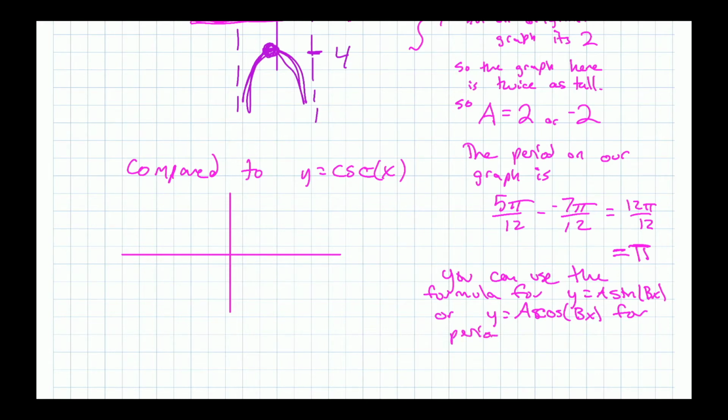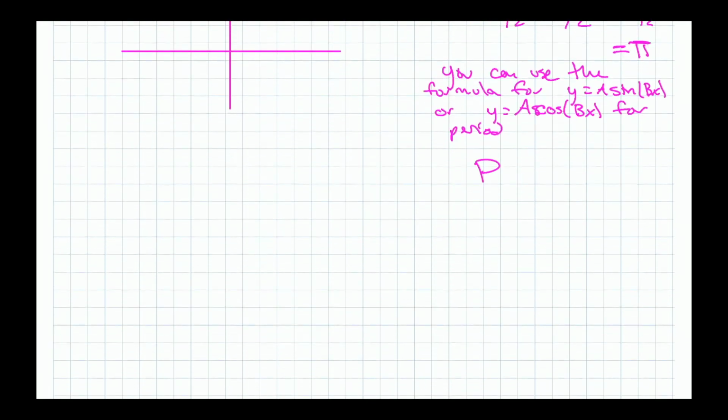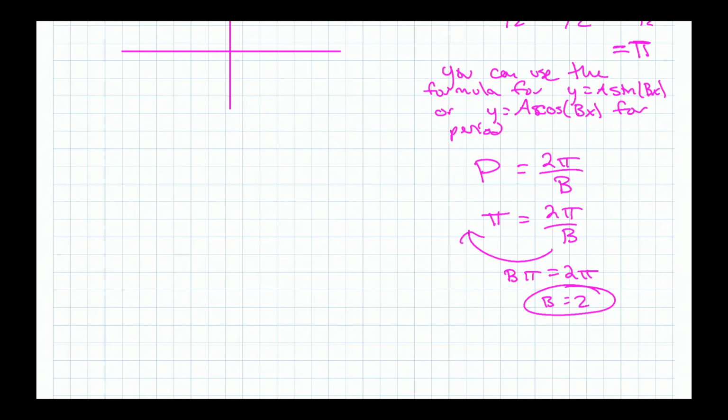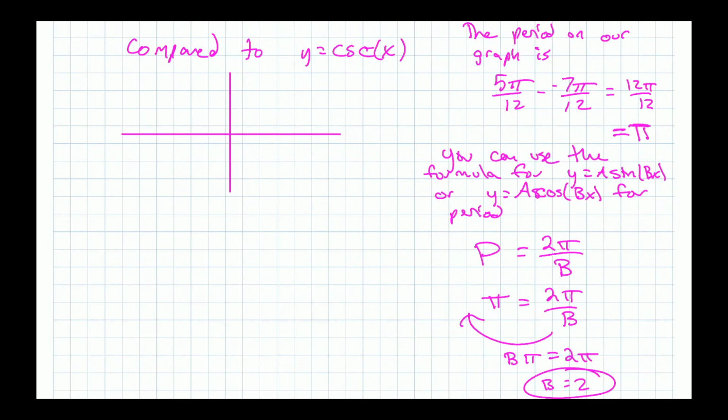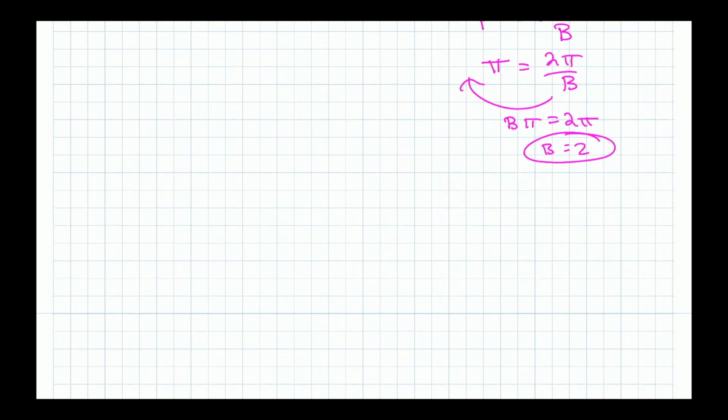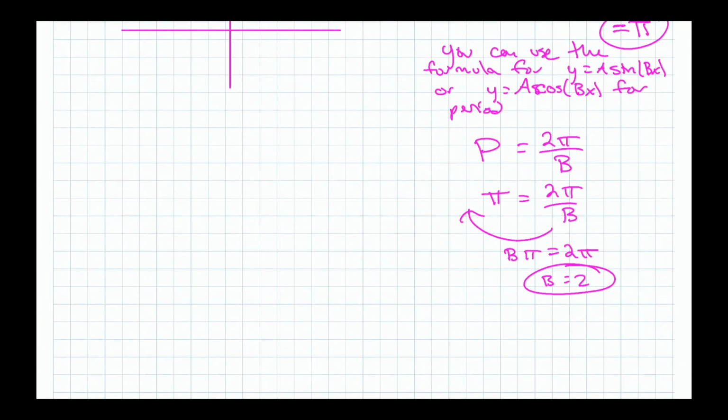So the formula, remember, was period p is 2π over b, or absolute value b, but I'm just going to say b. So in this case, the period is pi, and we want to know what the b is. So you move the b up, you get b pi equals 2 pi. Divide by pi, you get b equals 2, right? Or the other way was to say that when we got that the period was pi, that must have been compressed by a factor of 2, right? Either way, you get that b is 2.